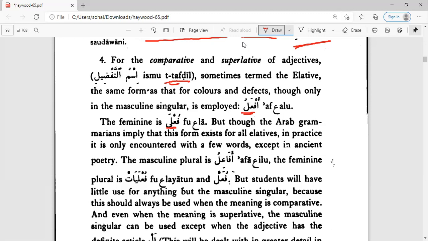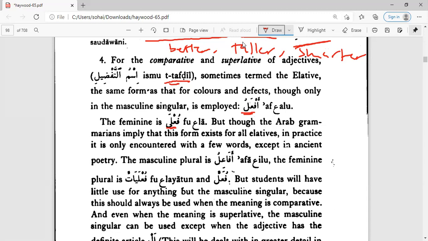Comparative is when you say he is better than you, he is taller than you, he is smarter than you. You're comparing, right?